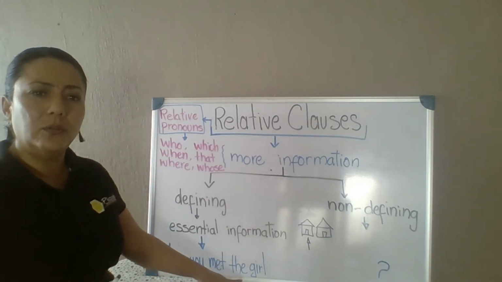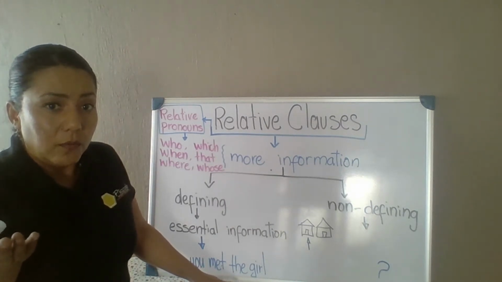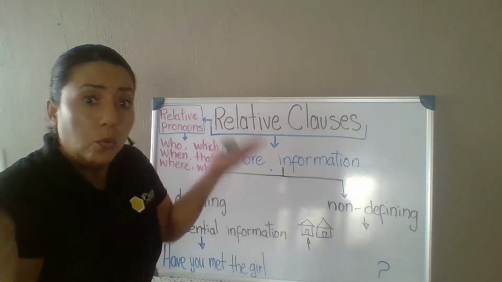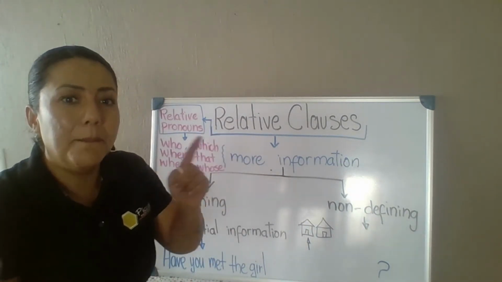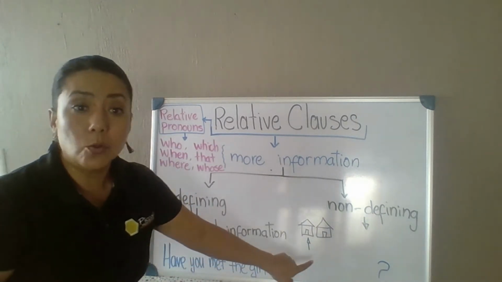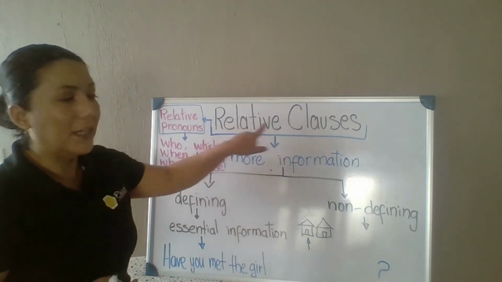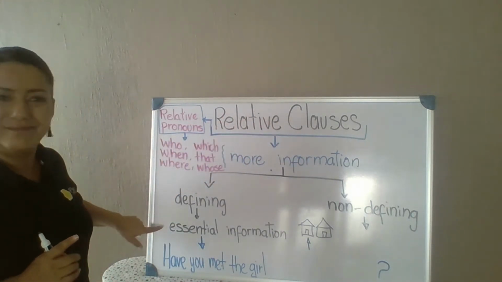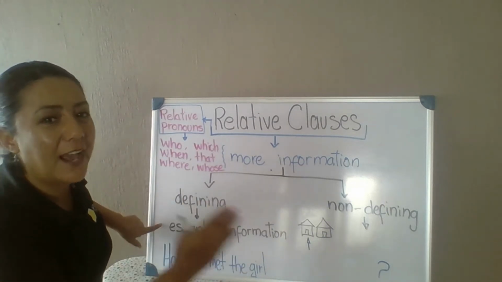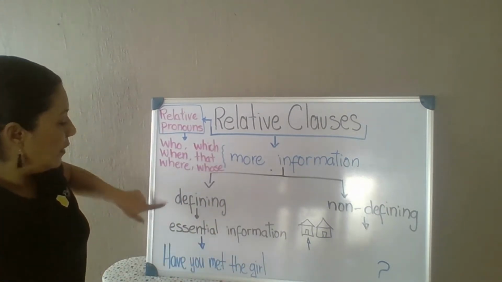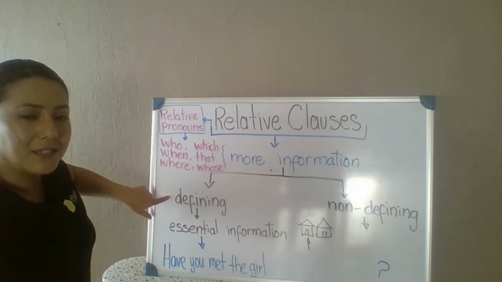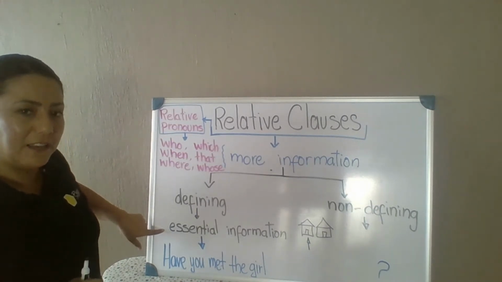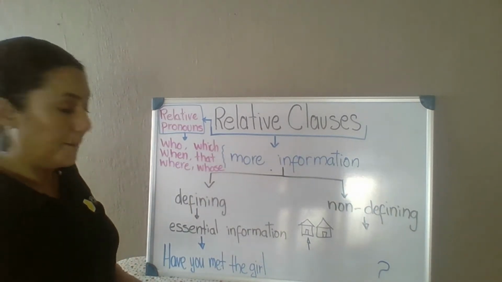Which girl? The girl next door? The girl in Cancun? The girl at school? Which girl? We don't know, because I erased the defining relative clause, and the book said, do not leave it out. No, because that defining relative clause has essential information, super important information. It is necessary. So we need it.